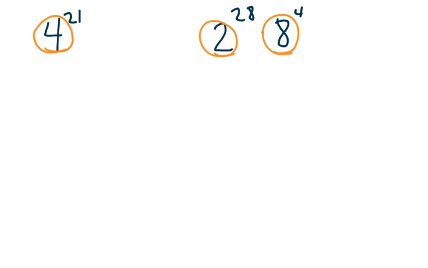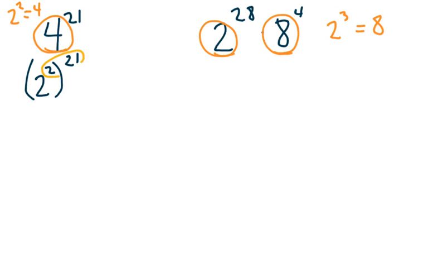Those are all powers of 2. 4 is equivalent to 2 squared, and 8 is equivalent to 2 to the 3rd power, or 2 cubed. So I'm going to use those facts to help me on this problem. I'm going to rewrite 4 as 2 squared, and that is being raised to the 21st power. Power of a power property tells me I should multiply the exponents, so this side becomes 2 to the 42nd power.